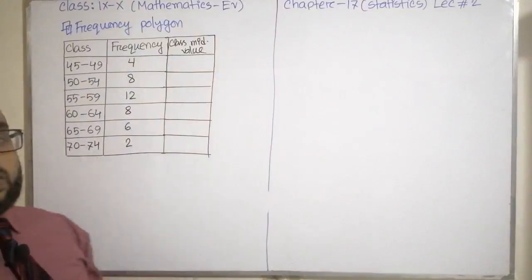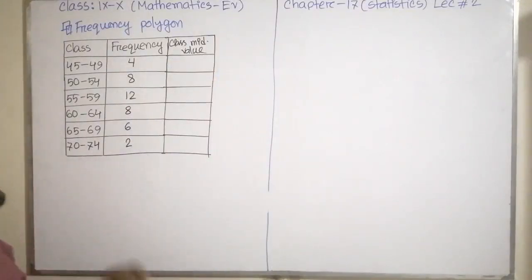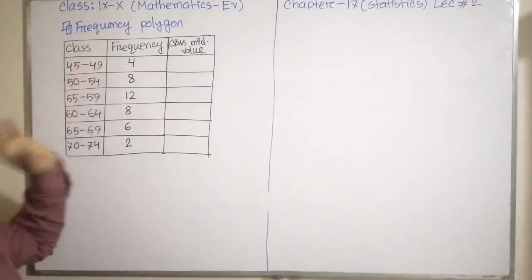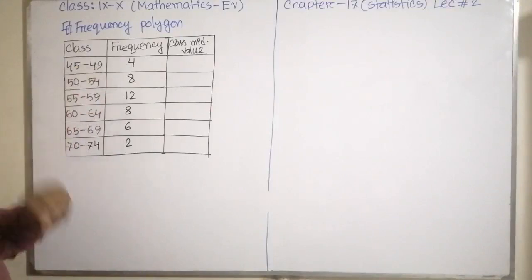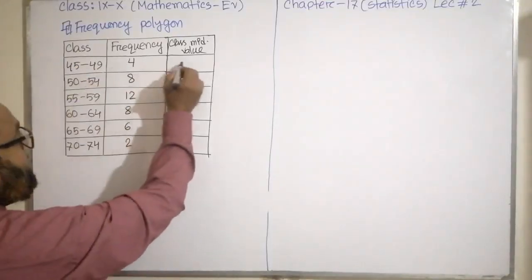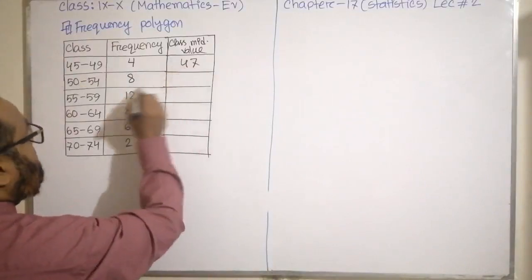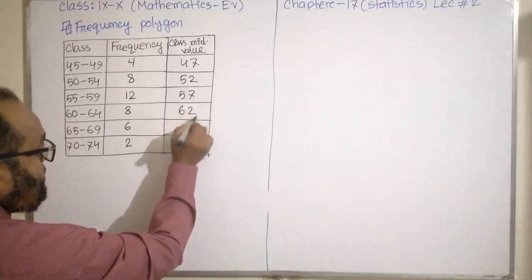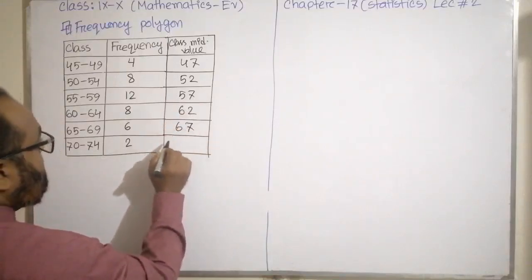You know how to find the class mid value from your previous class: 45 plus 49 divided by 2, that means the average of these numbers. This is 47, this is 52, 57, 62, 67 and 72.